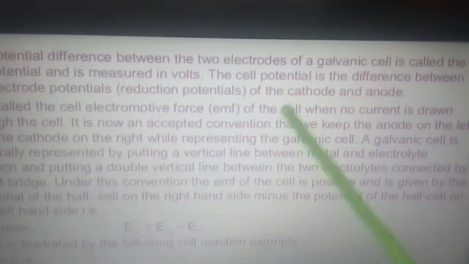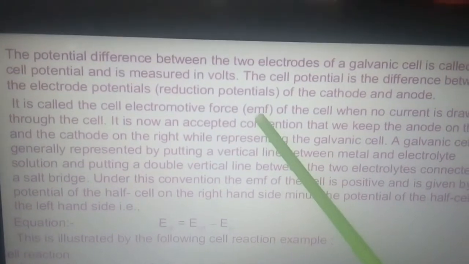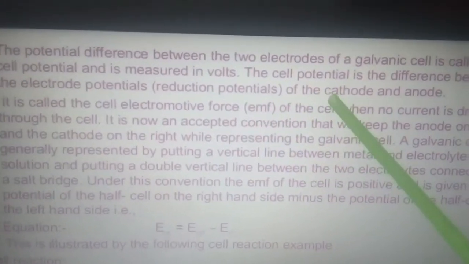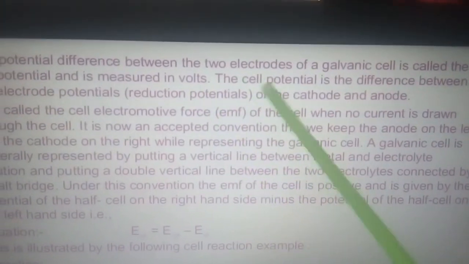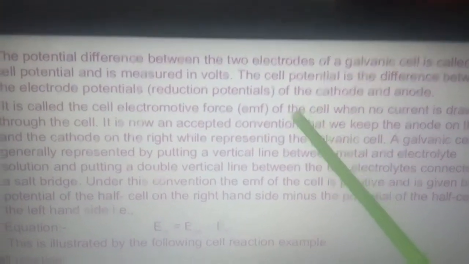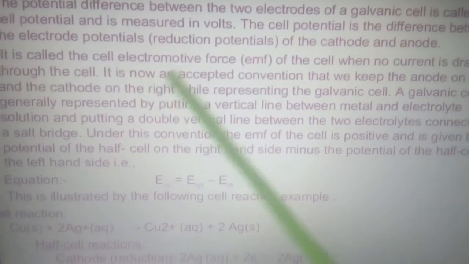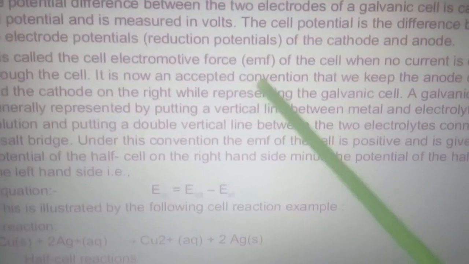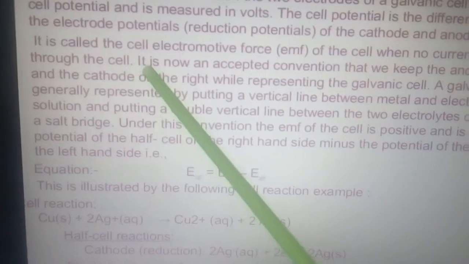The cell potential is the difference between the electrode potentials, that is the reduction electrode potentials, of the cathode and anode. This potential difference is also called the electromotive force, EMF, of the cell when no current is drawn through the cell.